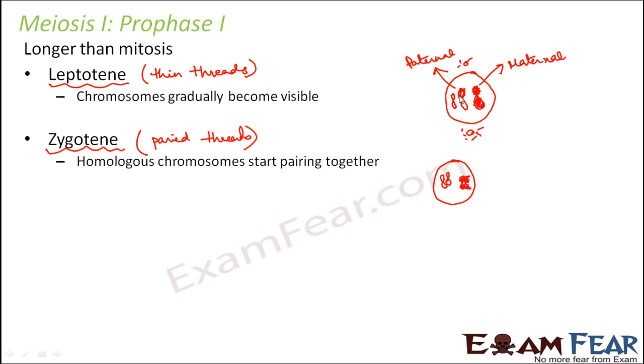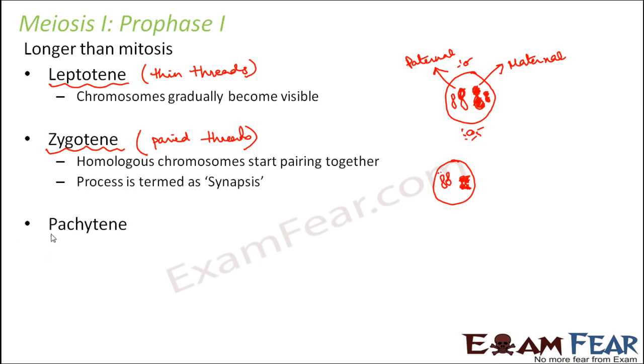Because you have chromosomes like this, you have many chromosomes like this. So the homologous chromosomes will pair up. This means that both of them are two copies of the same chromosome. This process is known as synapsis, that is, pairing of chromosomes together is called synapsis.